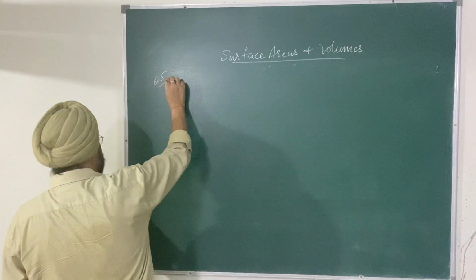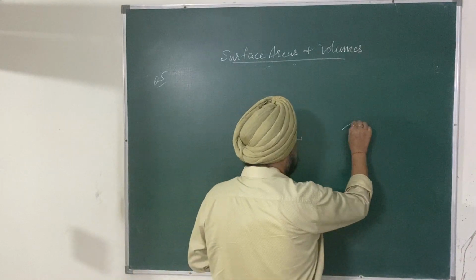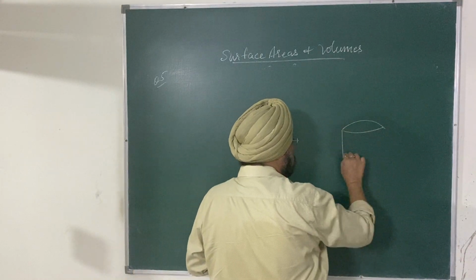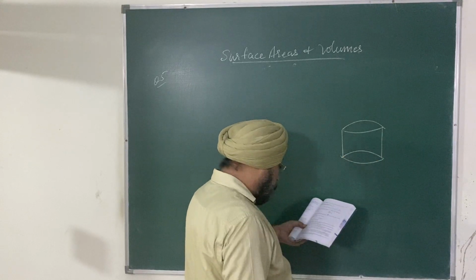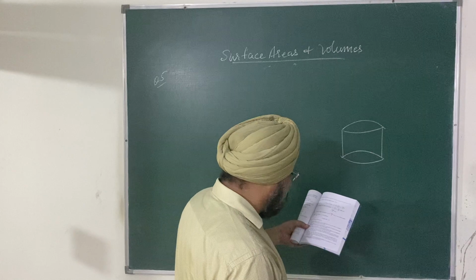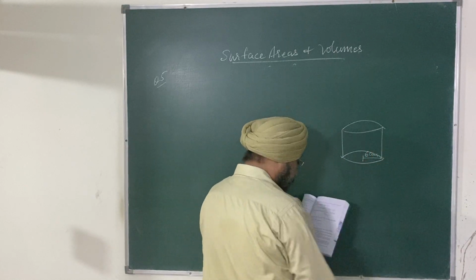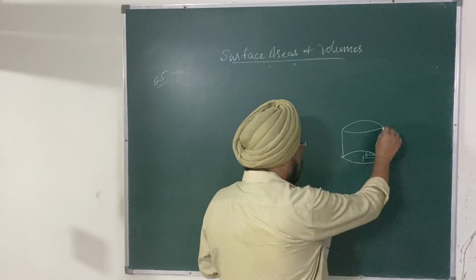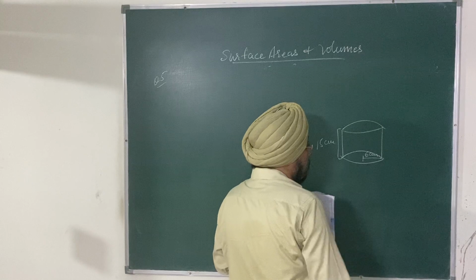Sum number 5. A container shaped like a right circular cylinder is full of ice cream, whose diameter is given as 12 centimeter. So radius must be equal to 6 centimeter. And the height of the cylindrical portion is 15 centimeter.